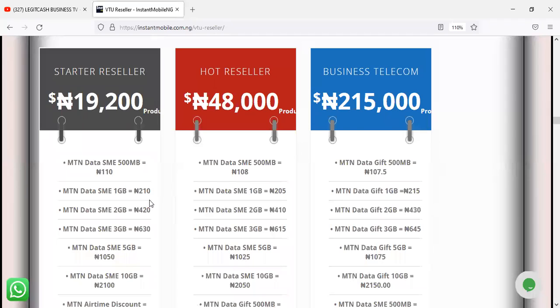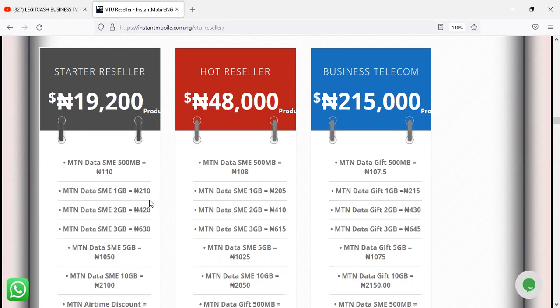You are making 40 naira per gig. You see how the money comes in. Say roughly you have 500 customers buying 1 gig a day. 40 times 500 is 20,000 a day. Then if you multiply by 30 days, you'll be making 600,000.